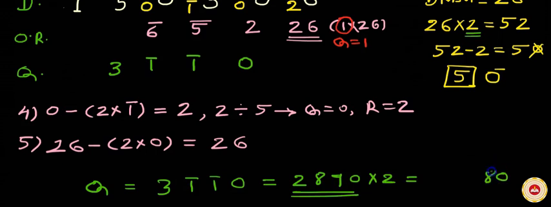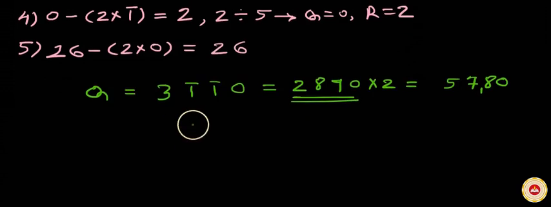2 nines are 18, carry 1. 2 eights are 16 plus 1, 17, carry 1. 2 twos are 4 plus 1, 5. So 5780. Now let us add this quotient. We got this quotient in the last osculation result. So add this quotient to this quotient.